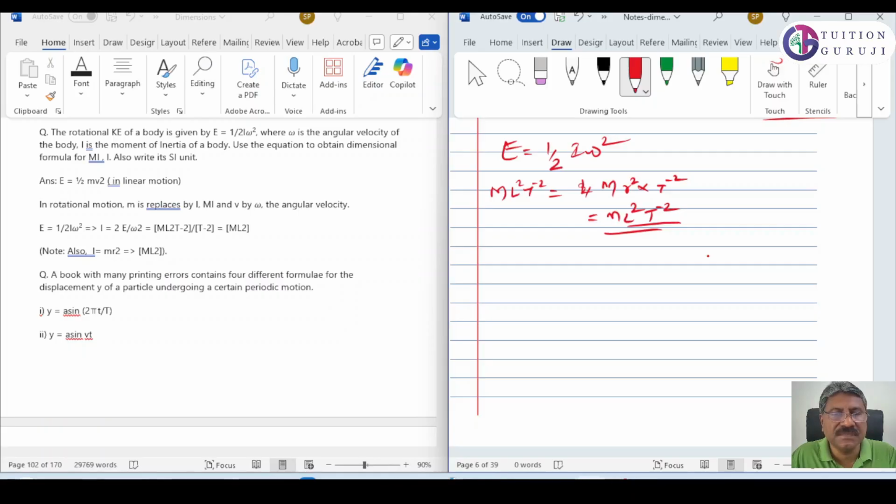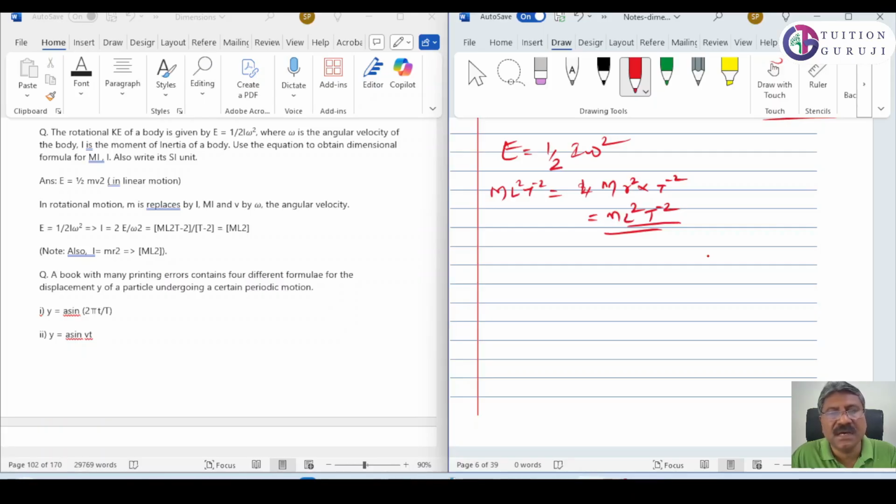Rotational motion. Okay. In rotational motion, m is replaced by I and v by omega. In linear motion, E is equal to half m v², the linear kinetic energy.